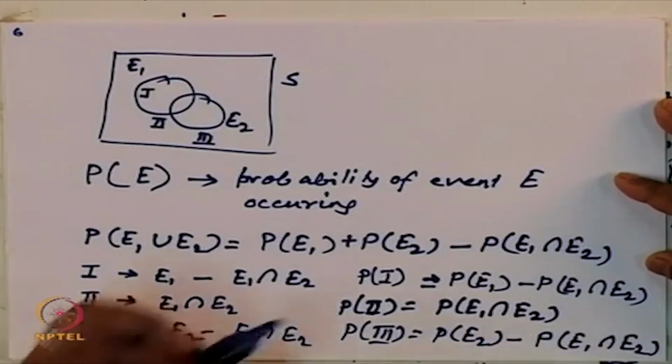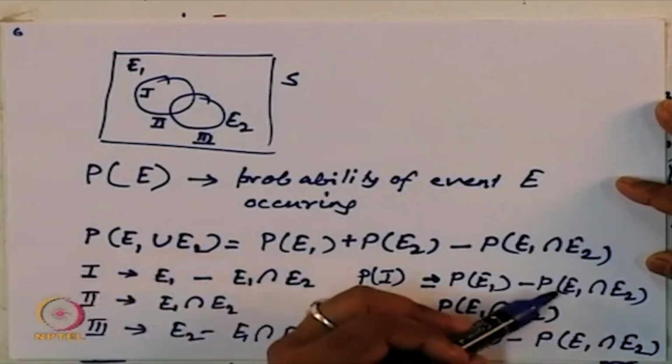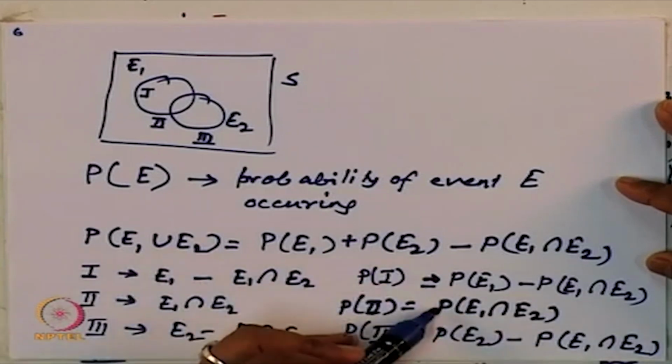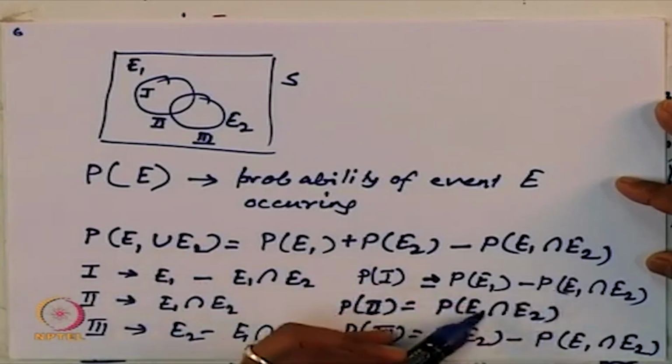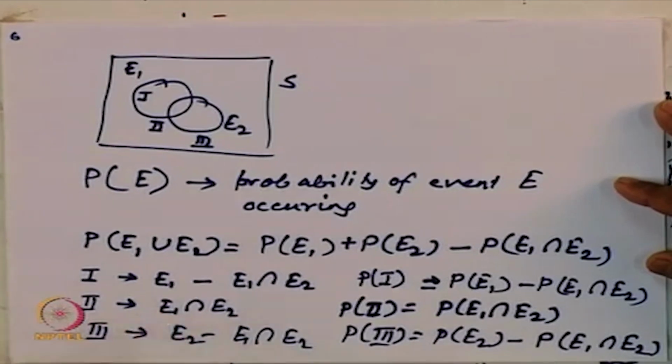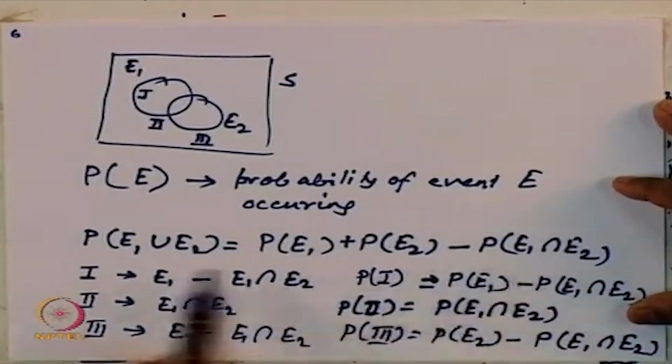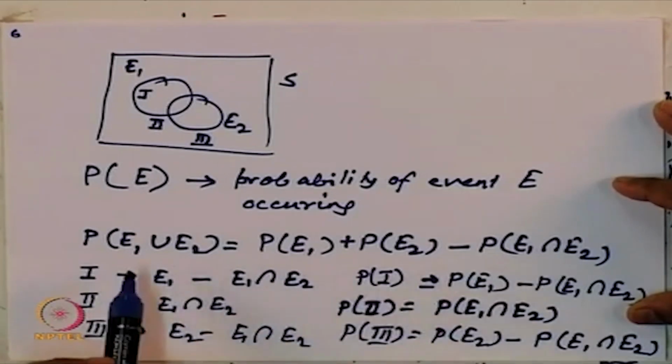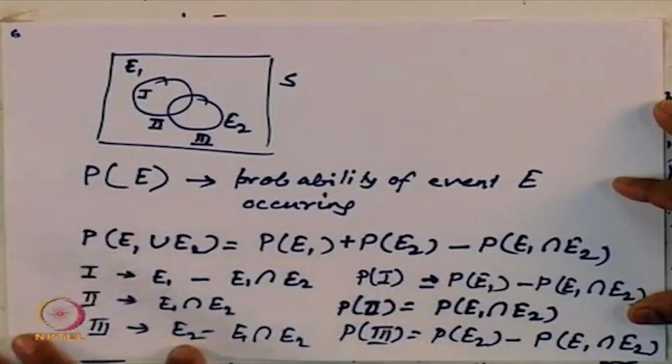If I add these 3 up, you have 2 negatives and one positive, so they cancel, and you will have P(E1) plus P(E2) minus P(E1 intersection E2). This is how you can compute the probabilities of composite events depending on how the events are defined.